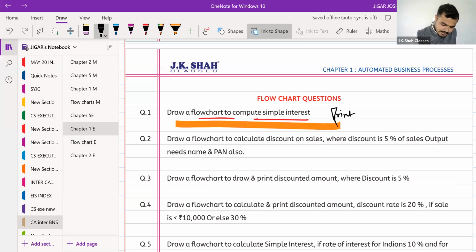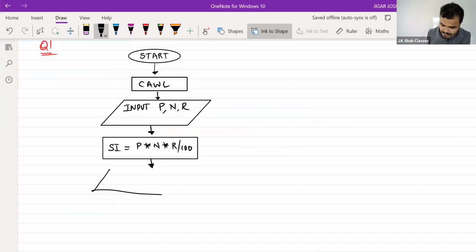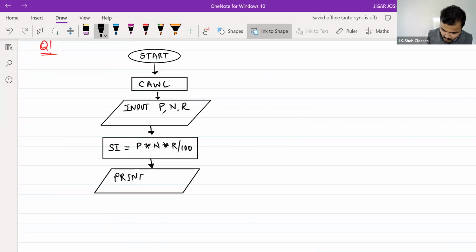Remember this. After this, a very simple thing: we will draw the output, and the command will be print only. What would you like to print? Sir, simple interest. Understood?